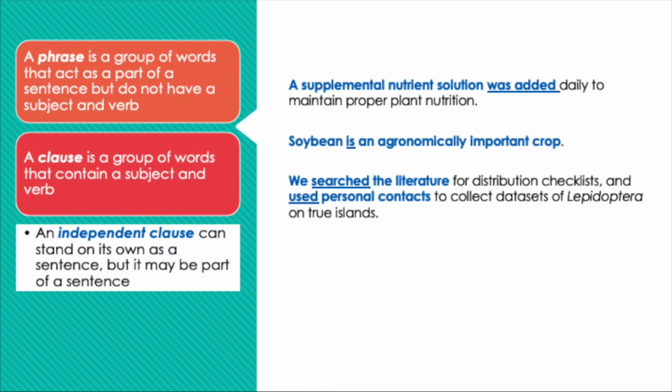But you see that there are some phrases that add information to those independent clauses. For distribution checklists, then there's a conjunction to connect ideas. We used personal contacts to collect data sets of Lepidoptera on true islands. So three phrases of additional information for that second independent clause.